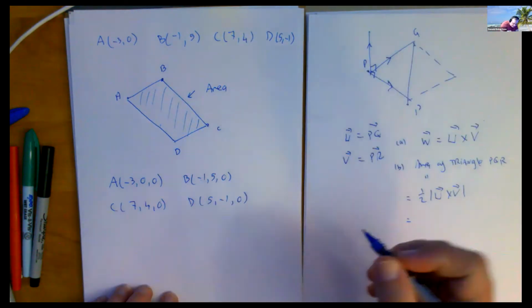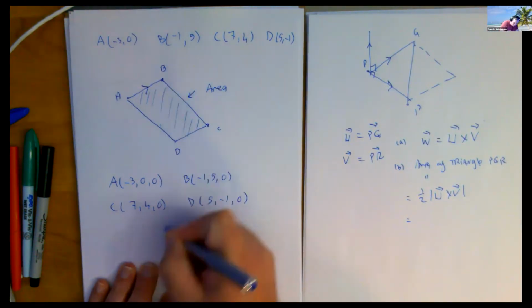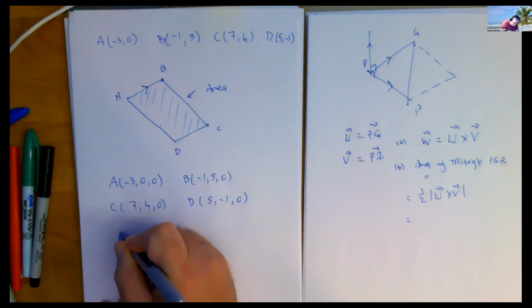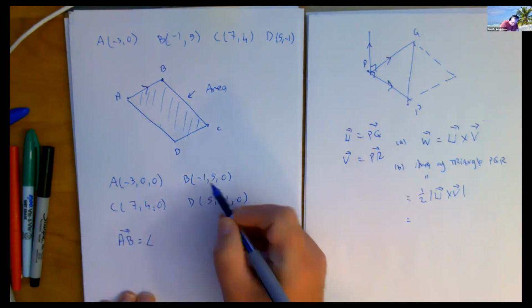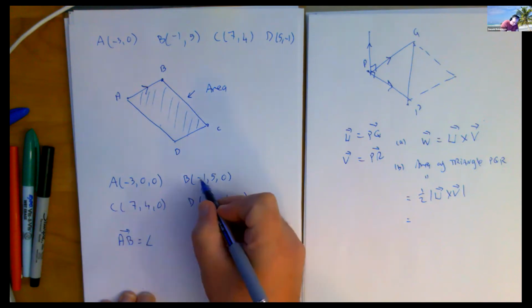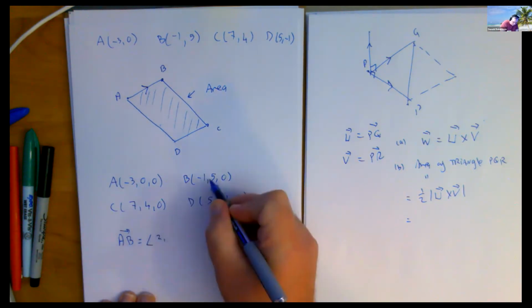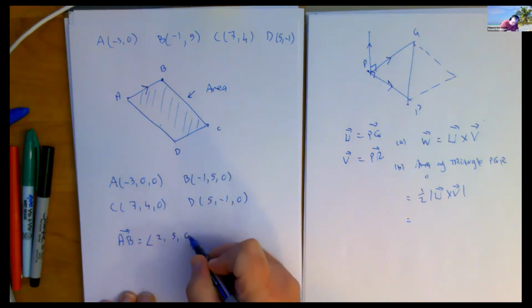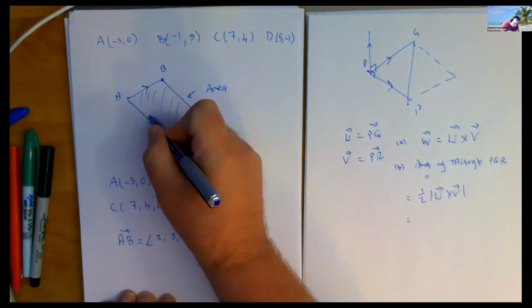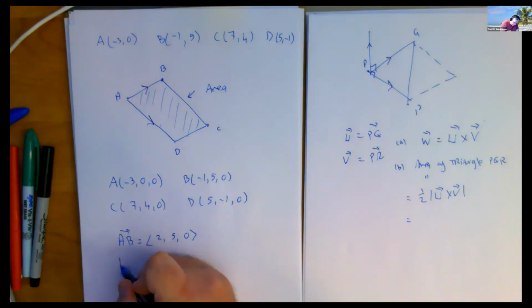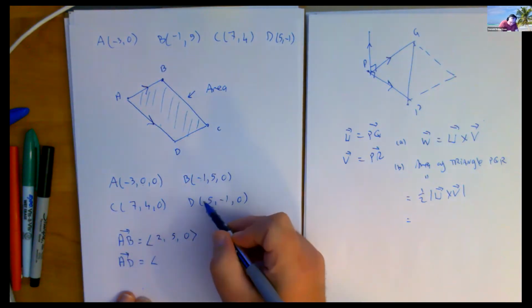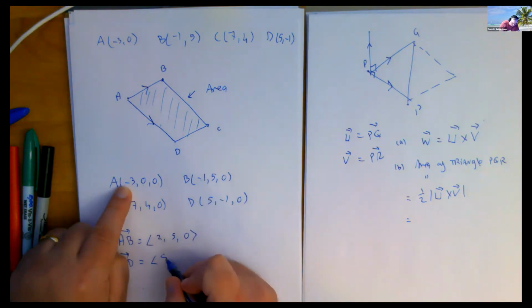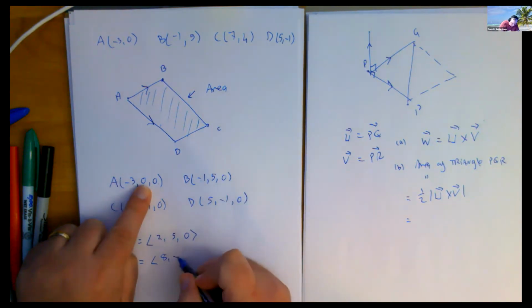Now, I'm going to find AB, which is second takeaway first, so that takeaway gets me 2, that takeaway gets me 5, and that takeaway gets me 0. And then I'm going to find AD, and 5 takeaway negative 3 is 8, negative 1 takeaway 0, and 0 takeaway 0.